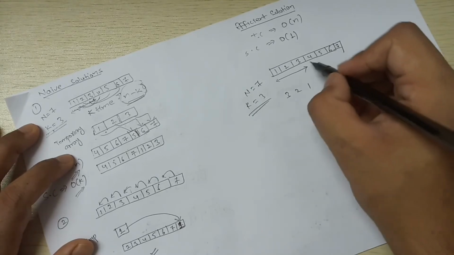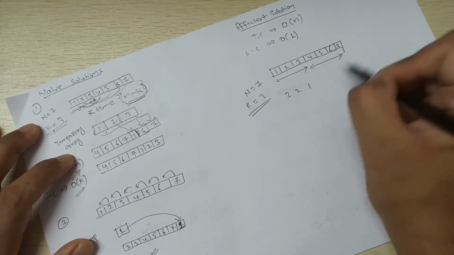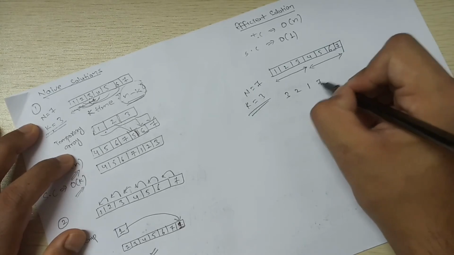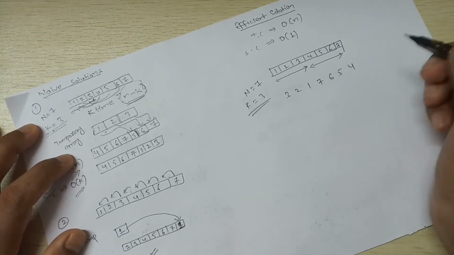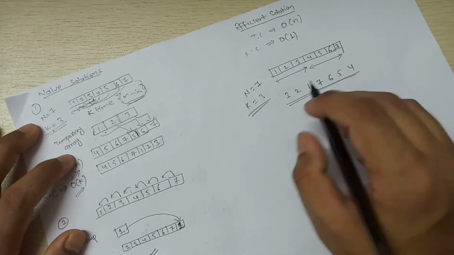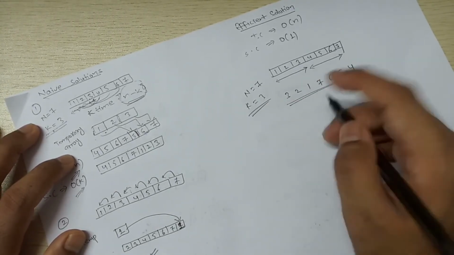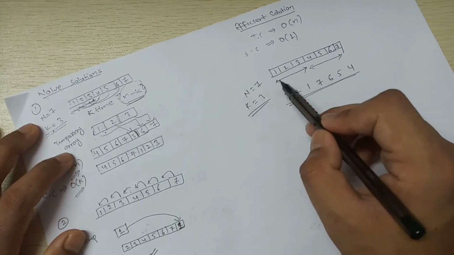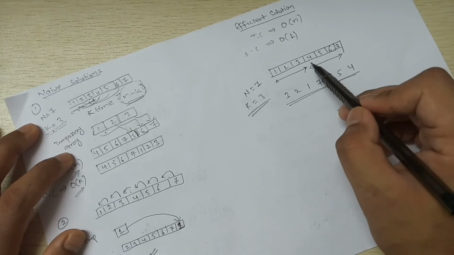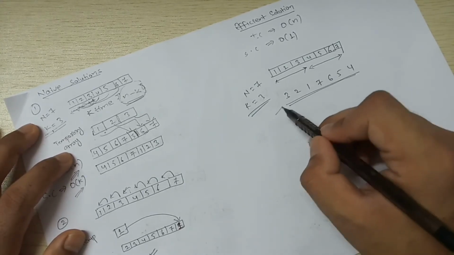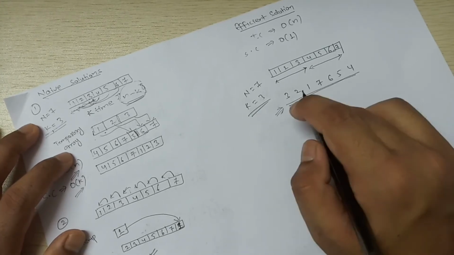After that you reverse the remaining elements also. This will give you this array. Once you reverse the first k elements and the remaining elements, you'll get the intermediary state.